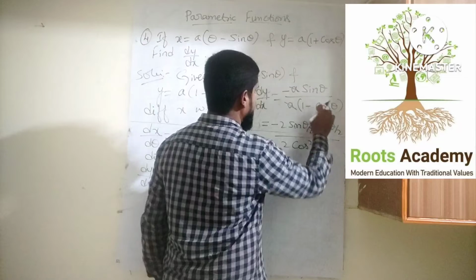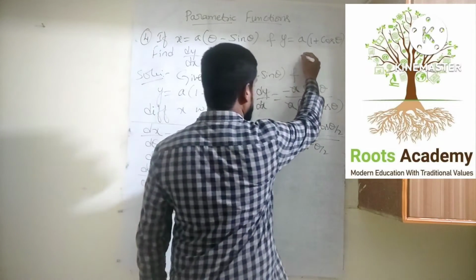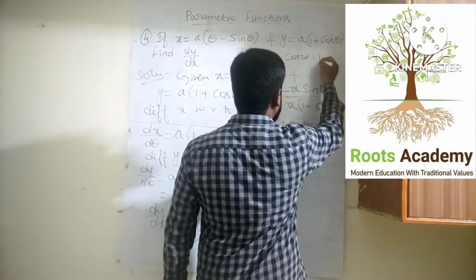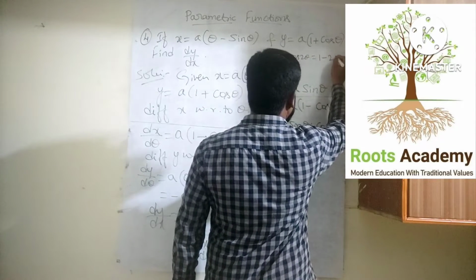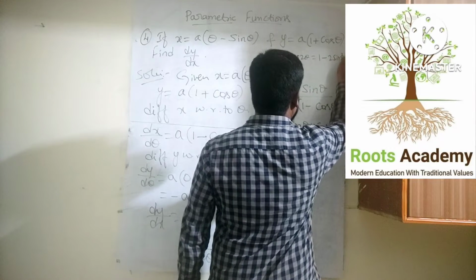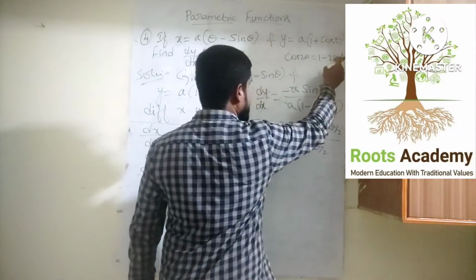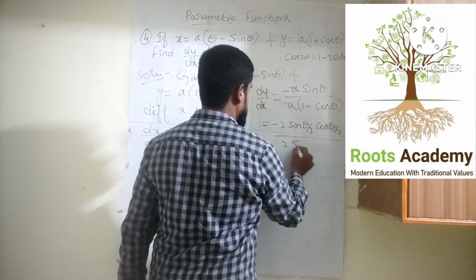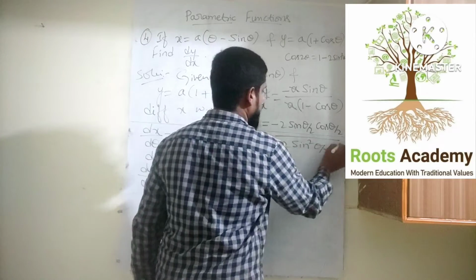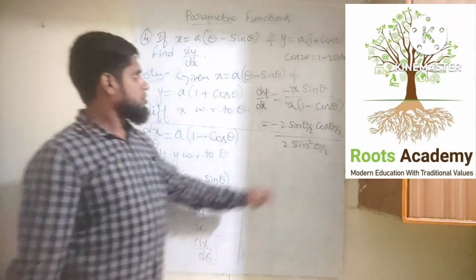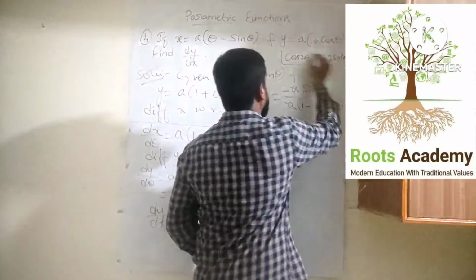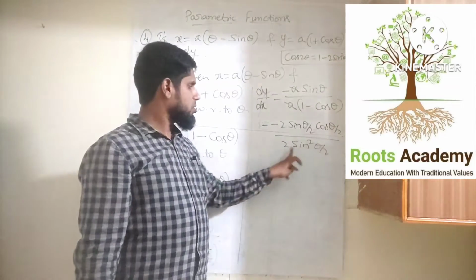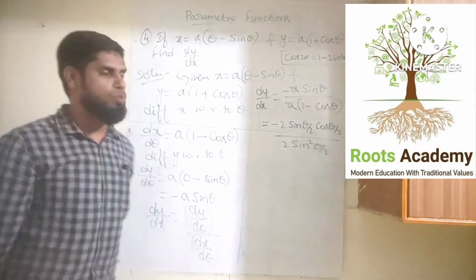Sorry, let us see the formula here. I will do the rough work here. Cos 2 theta is equals to 1 minus 2 sine square theta. So it is, sorry, not cos square. So it is 2 sine square theta by 2. So student, according to this formula of cos 2 theta, the value of 1 minus cos theta is 2 sine square theta by 2.